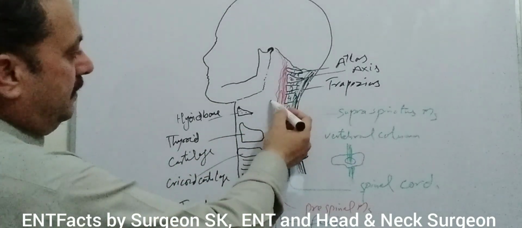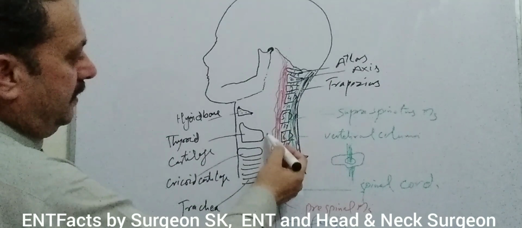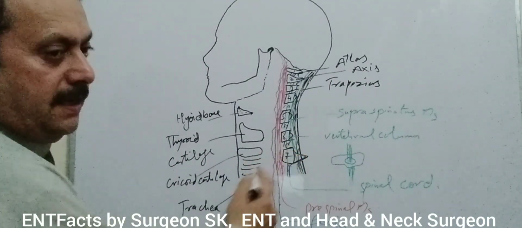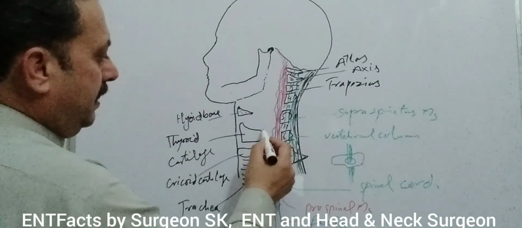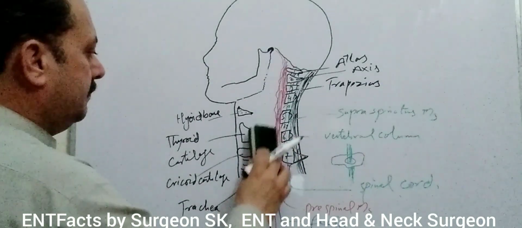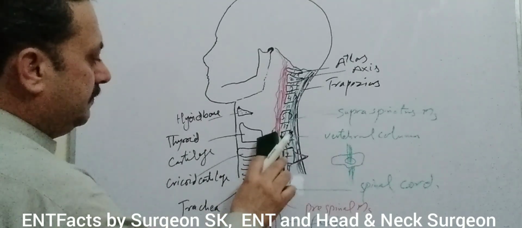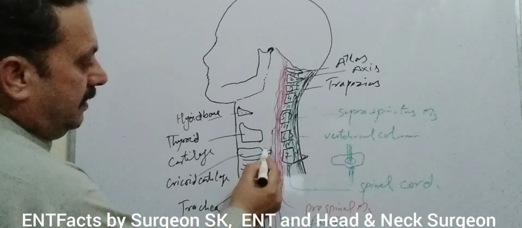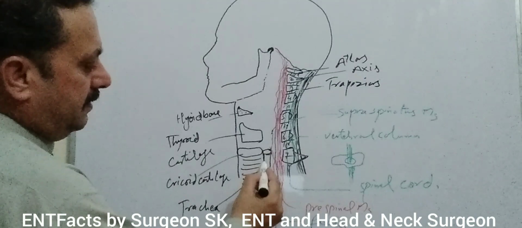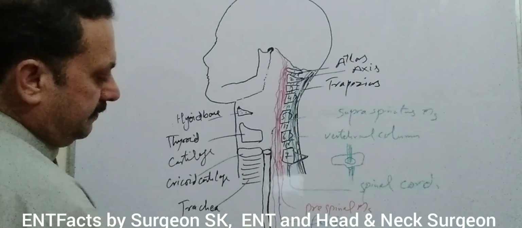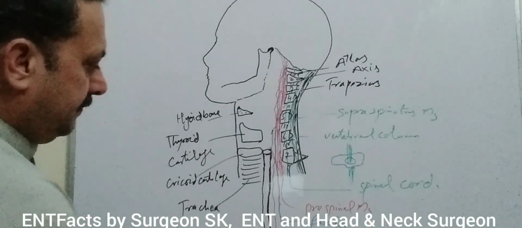This part of the neck between the pre-spinal structure and this airway is the esophagus. It starts from the cricoid, below the cricoid. This part just behind the airway is called the esophagus, the food way.